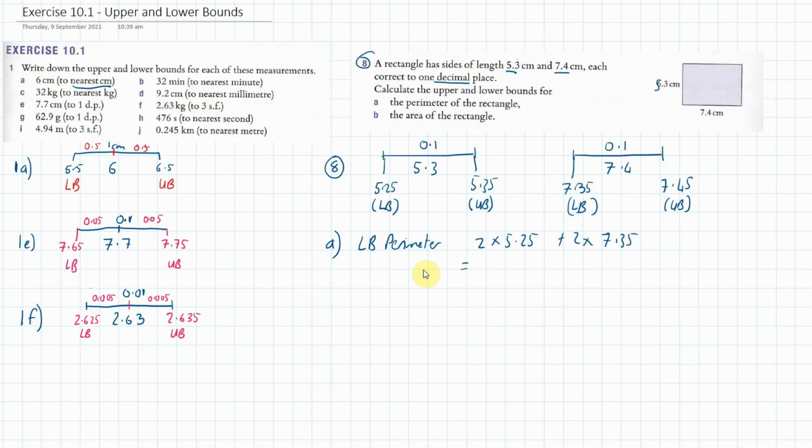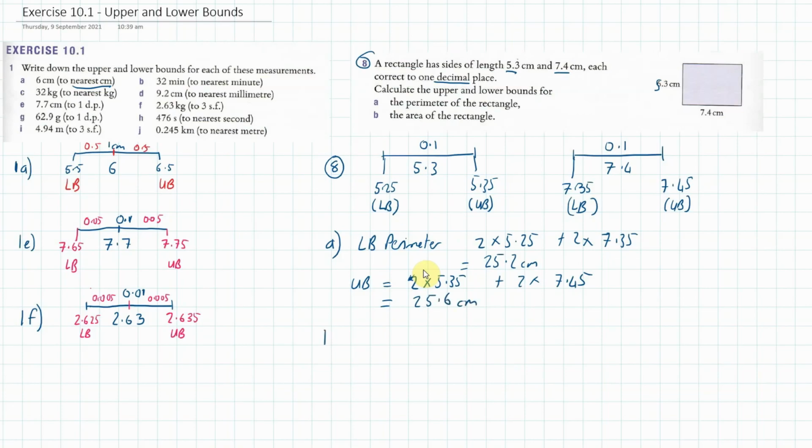And what will that give us? 2 times 5.25 plus 2 times 7.35, and I'm getting 25.2 is my lower bound for perimeter. Now the upper bound perimeter is going to be equal to 2 times the upper bound for the first dimension plus 2 times the upper bound for the second dimension. And what does this give us? 2 times 5.35 plus 2 times 7.45 gives me 25.6 centimetres.